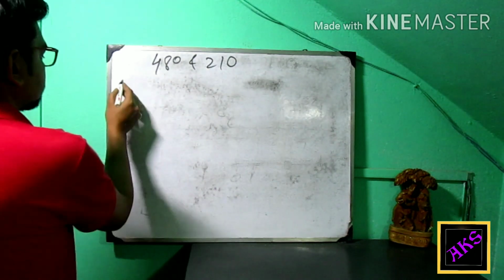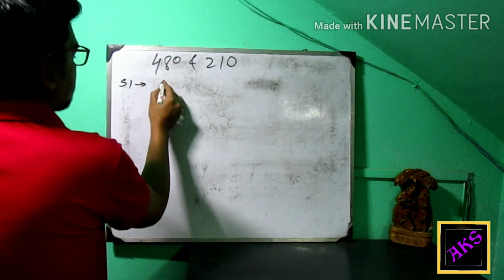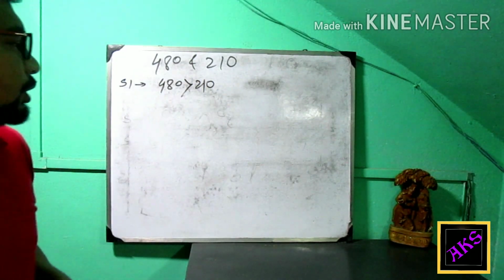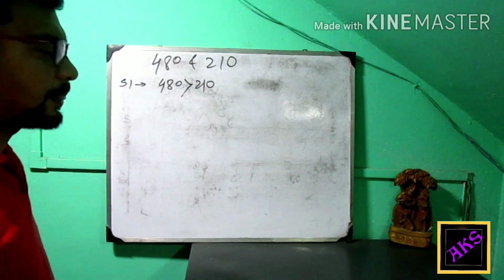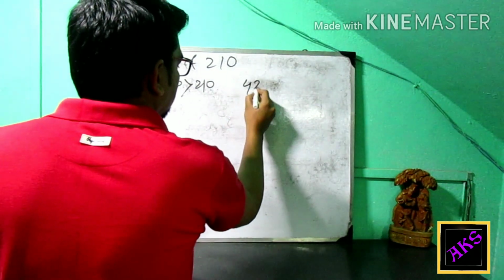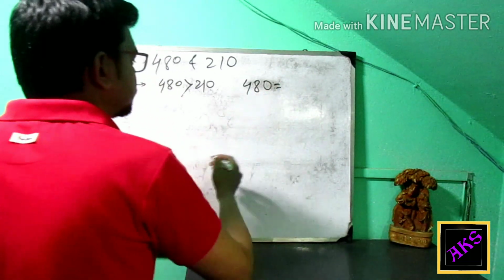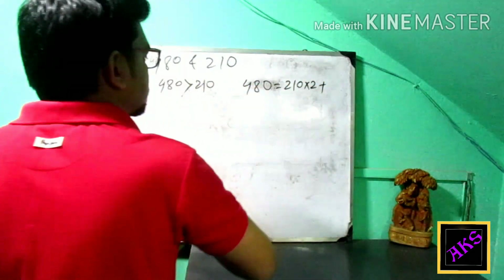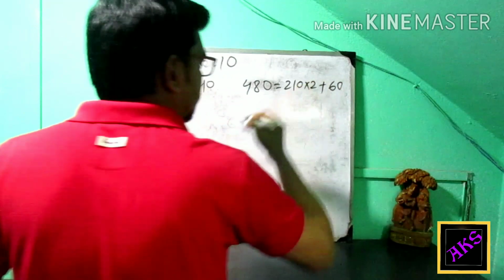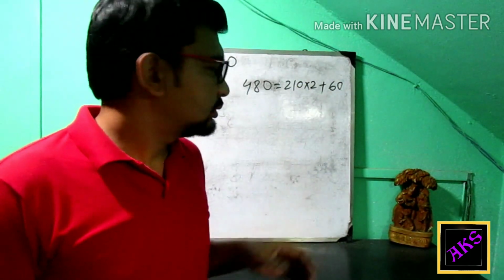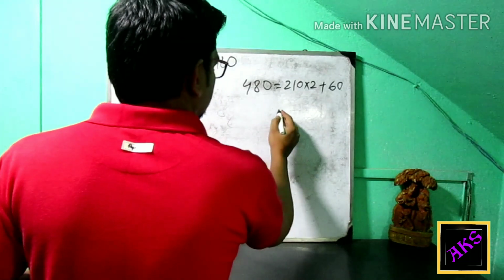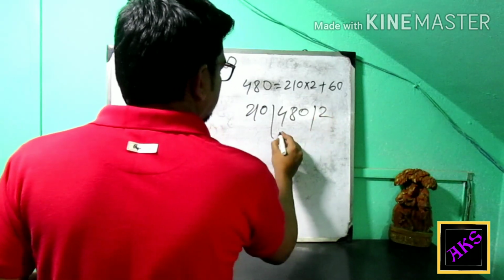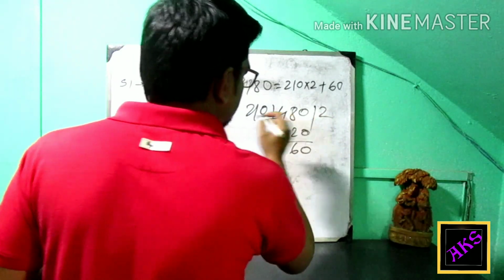Here, step 1, as 480 is greater than 210, we will apply Euclid's division lemma in this manner. 480 equal to 210 into 2 plus 60. How did we get that? By simple division. 480 divided by 210, 2 times is 420, and we get 60.